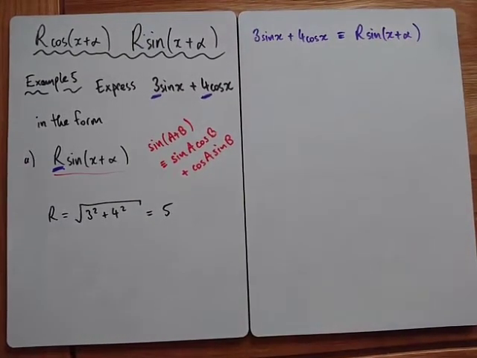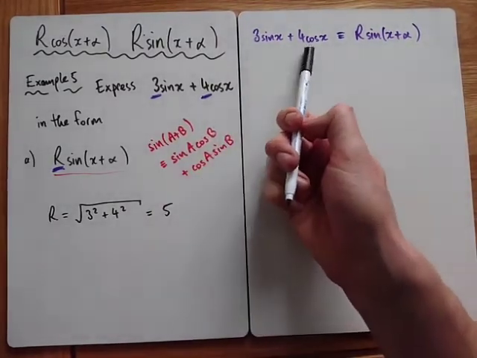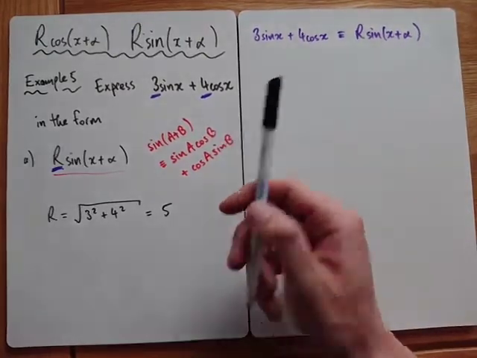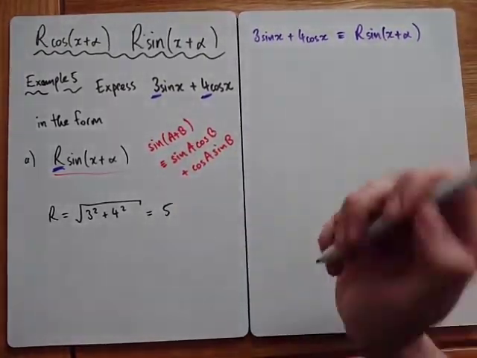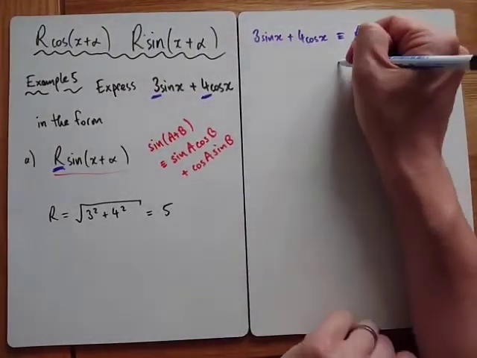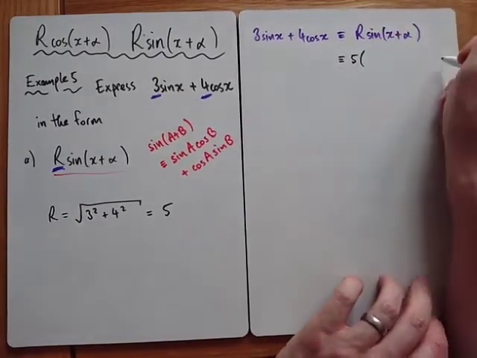A really important point to realise is that 3 sin x plus 4 cos x is exactly the same as this sine function. So we're trying to compare the original form with this new form, and we can't compare these two things straight away. We've got a little bit of work to do on the right hand side. We know R is equal to 5, we may as well substitute that in.